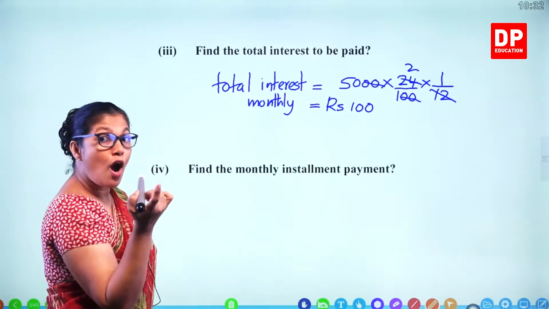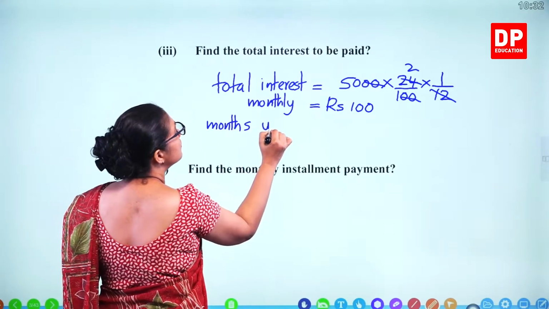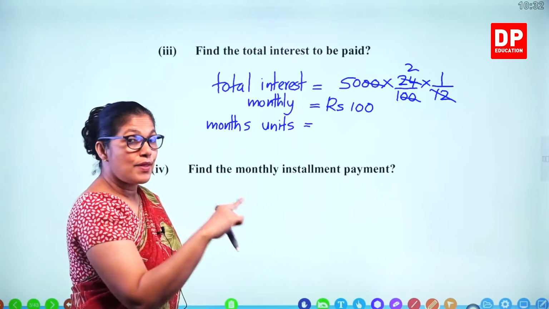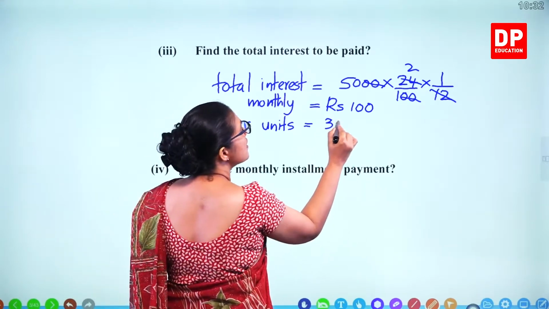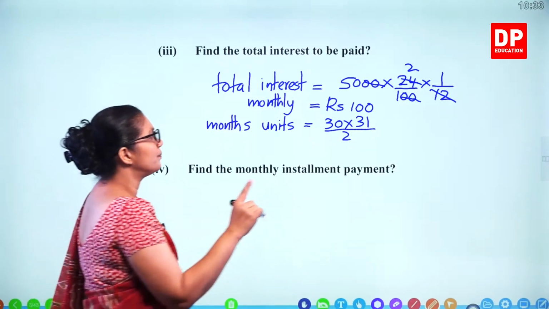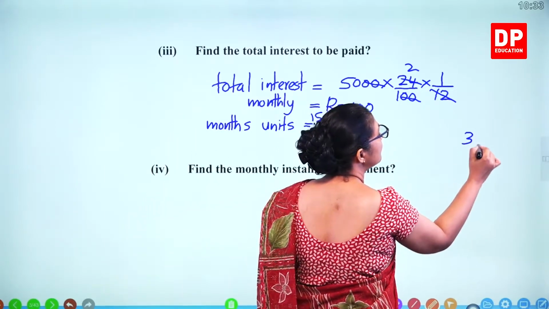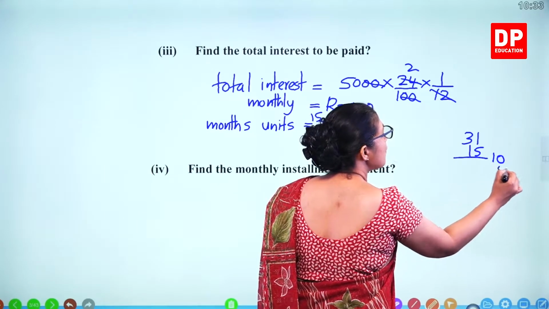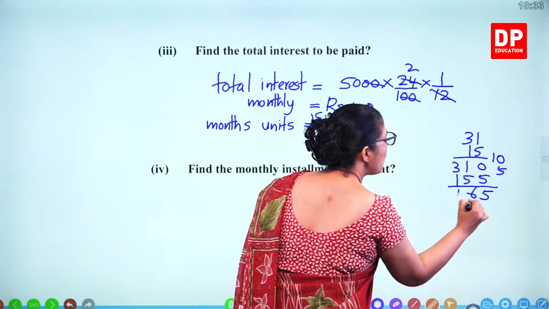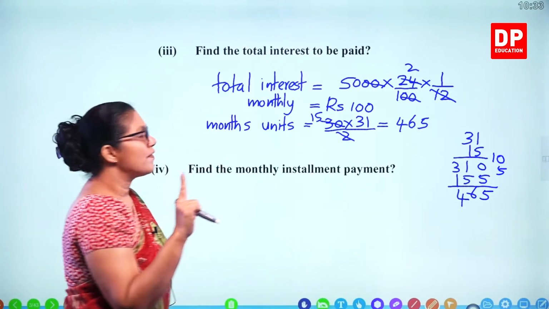Now we need to find how many month units there are. Altogether 30, 29 like that. So 30 into 31 divided by 2, n into n plus 1 divided by 2. You get 15 times 31, which is 465 month units, each month 100 rupees.